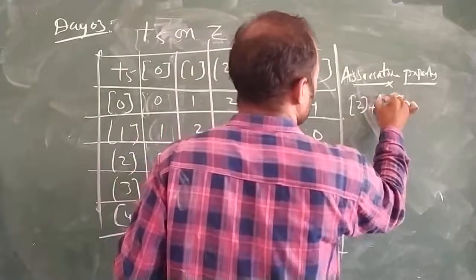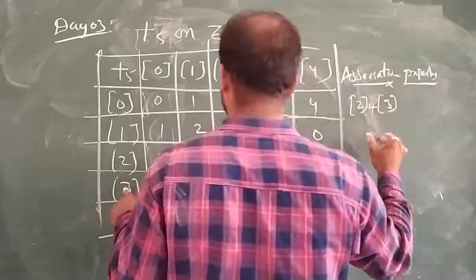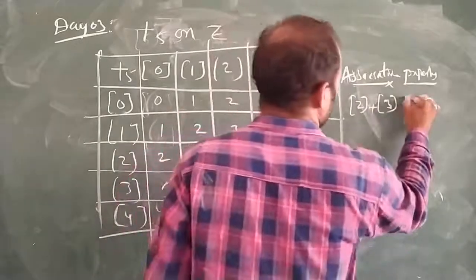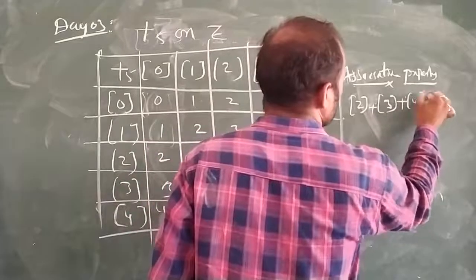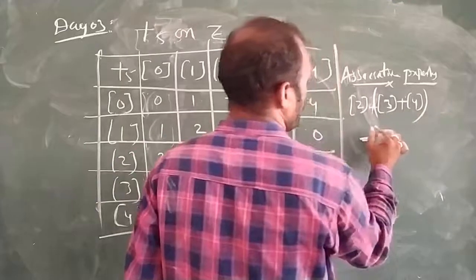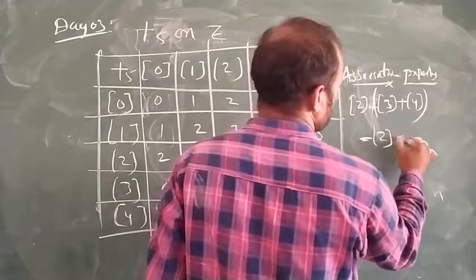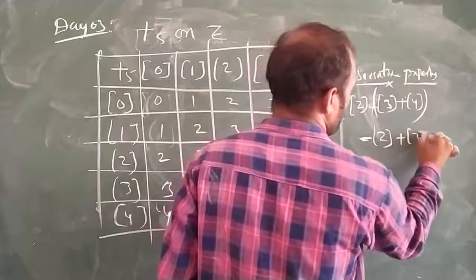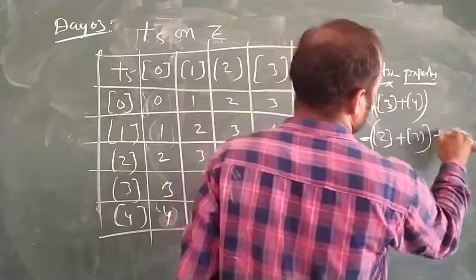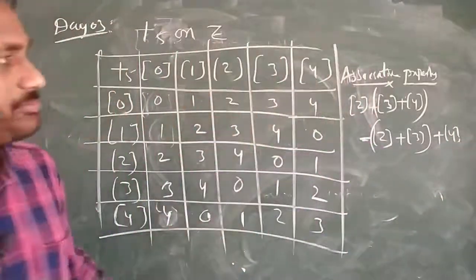Modulus 2, 3, 4. First these 2 in brackets is equal to 2 plus 3 plus 4.